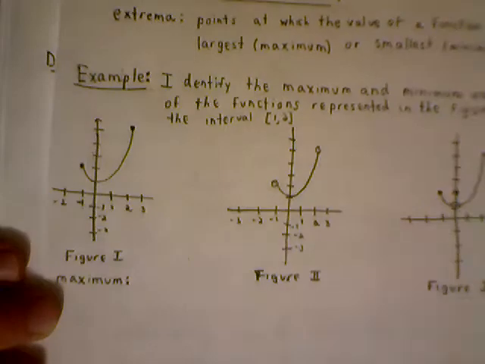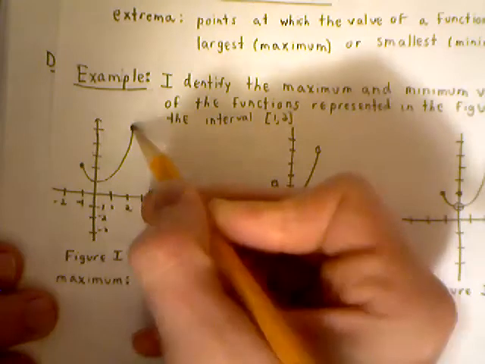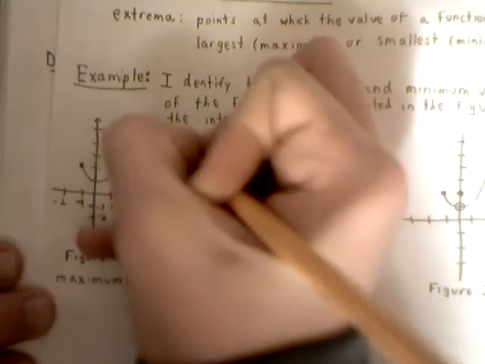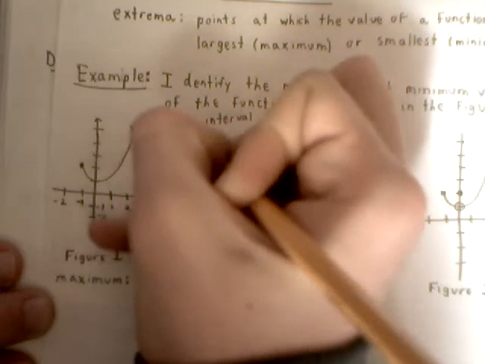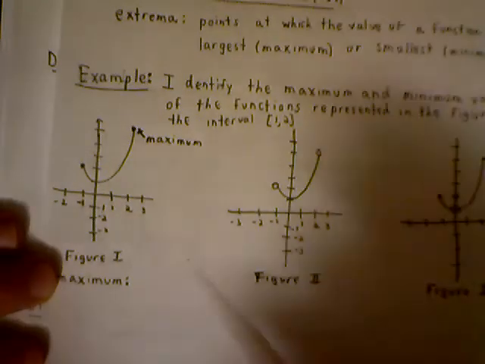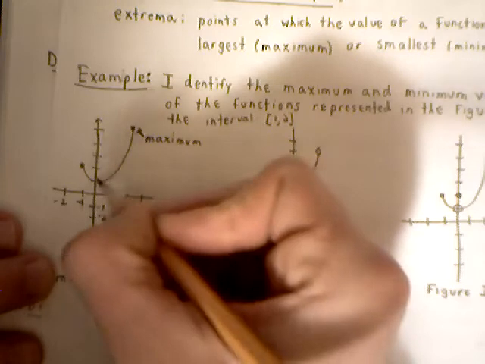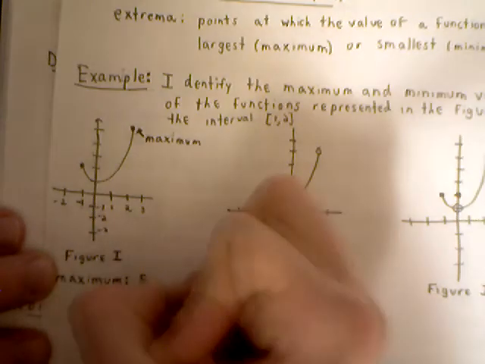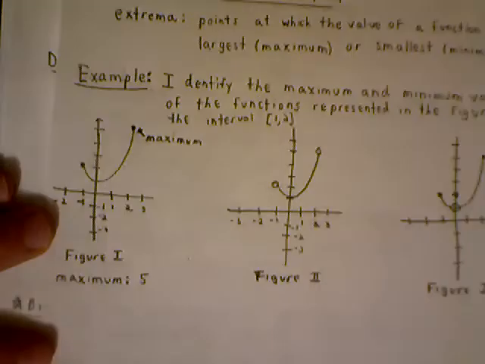For maximum and minimum values, you state what the y value is. So I see right here, this is my maximum. And I see that point is (2, 5). So our maximum is 5. You choose the y value.